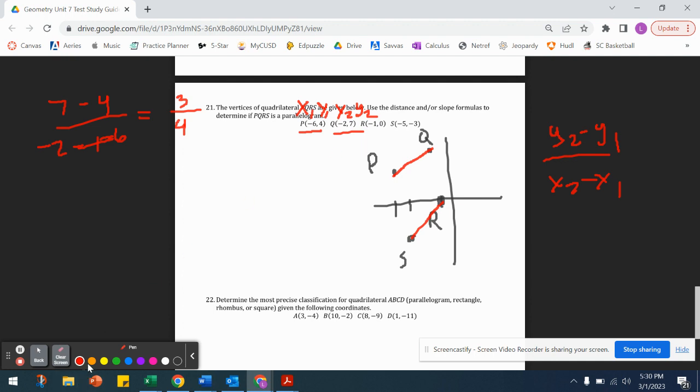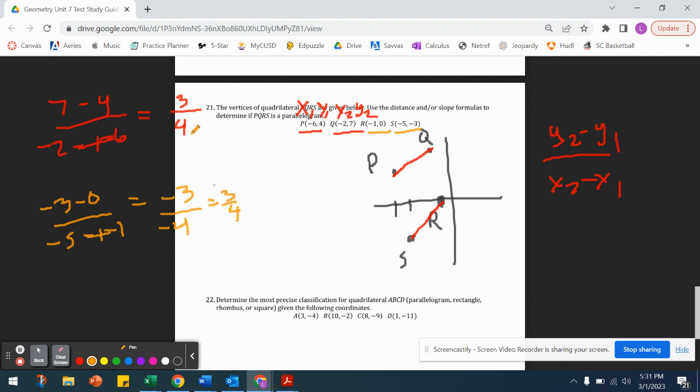I'm going to do the same thing in orange for SR. For SR, if I take y2, I'm going to get negative 3 minus 0 over x2, negative 5 minus negative 1, which is going to give me negative 3 over negative 4, but a negative divided by a negative is a positive.